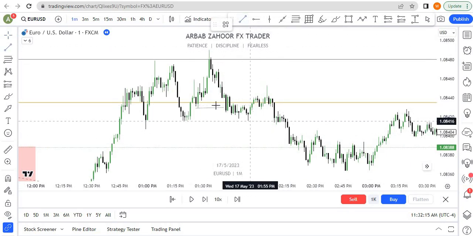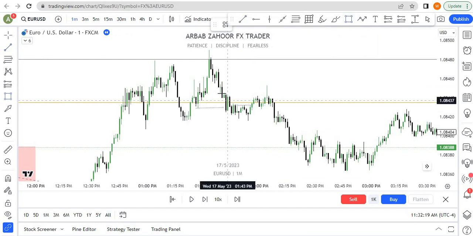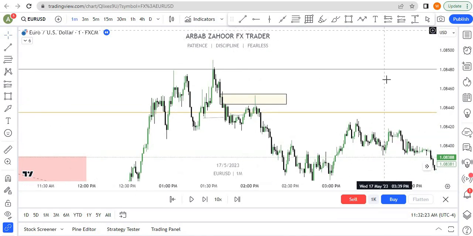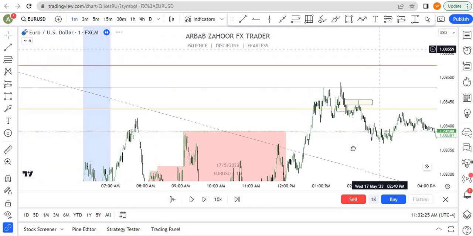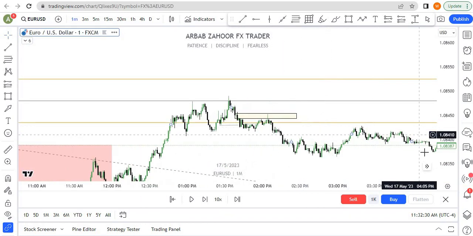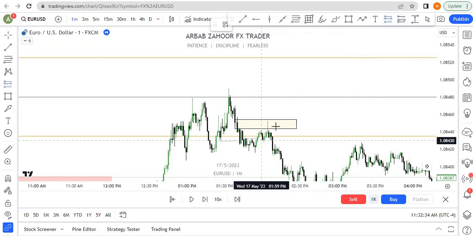Here was the inducement, and here was our first POI after the inducement, right? We found many reasons here, so we don't have to put a stop loss to the upside until here, as per ICT. We take only a little risk here.